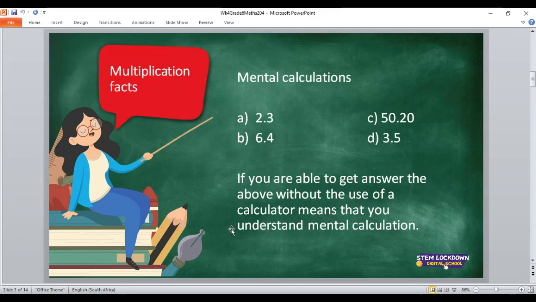If you can just look at a sum and quickly do the calculation in your head and come up with an answer, it means that you are able to do the mental calculations.